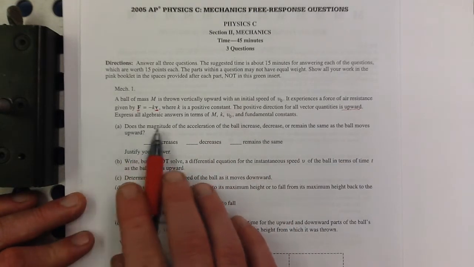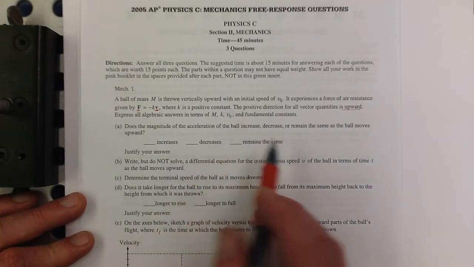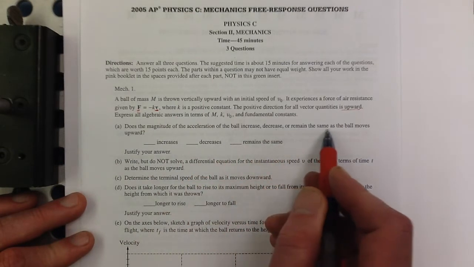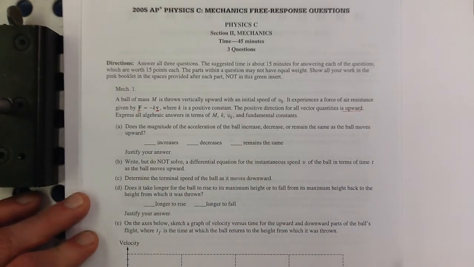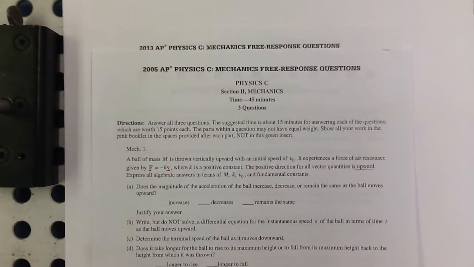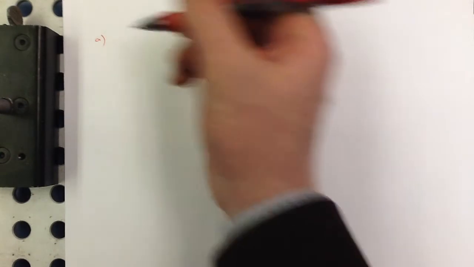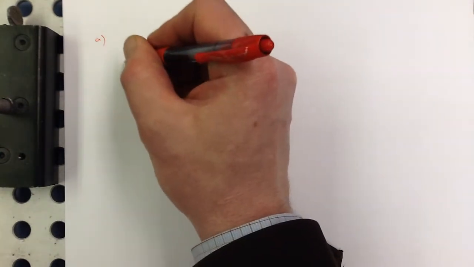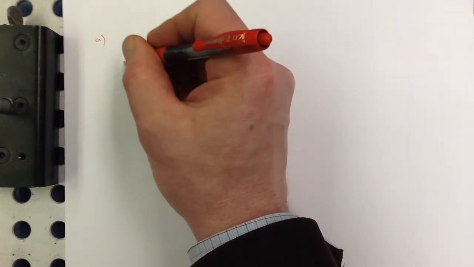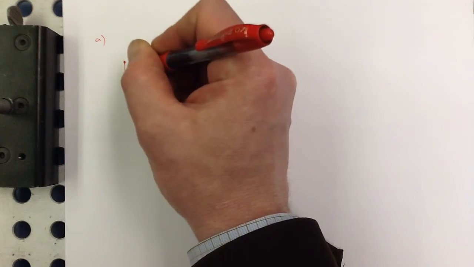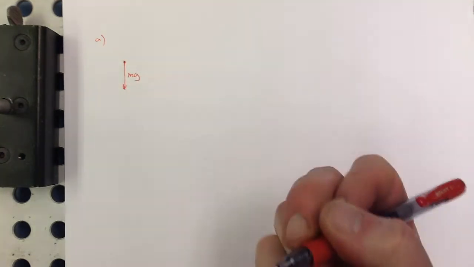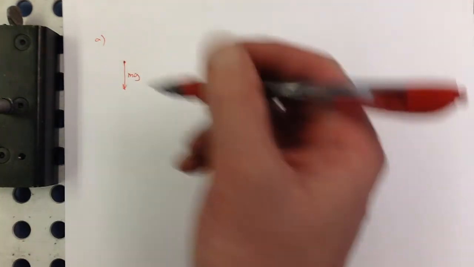Alright, so part A: does the magnitude of the acceleration of the ball increase, decrease, or remain the same as the ball moves upward? Well, let's see. As the ball moves upward, of course we always have a gravitational force on the ball, call it F sub g or mg.